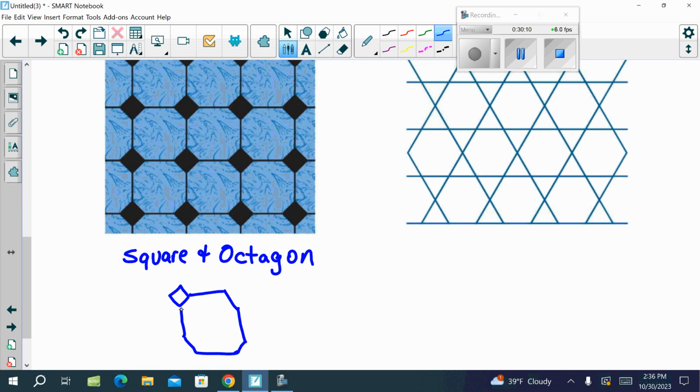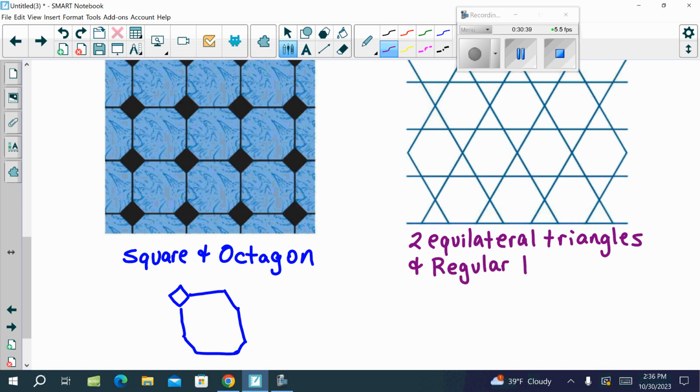And then lastly, this guy, it was two equilateral triangles and a regular hexagon. There were two different ways you could do this one.